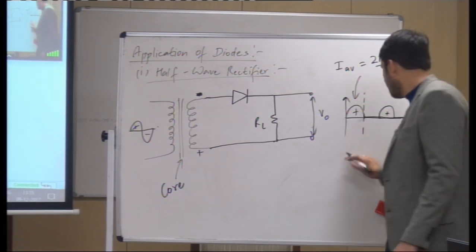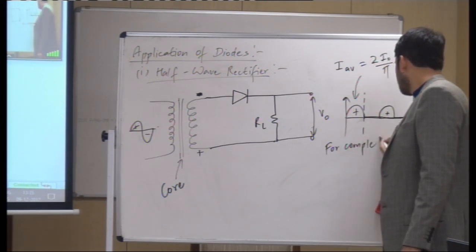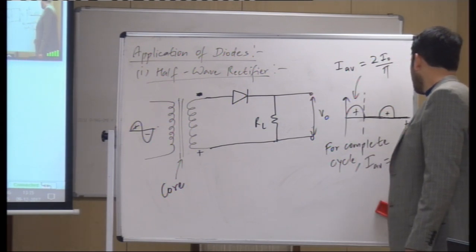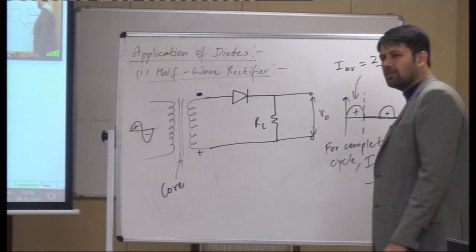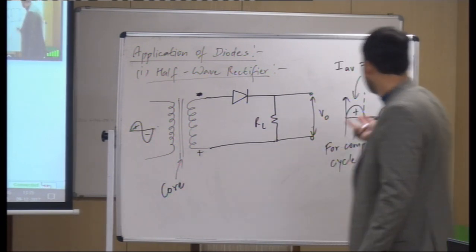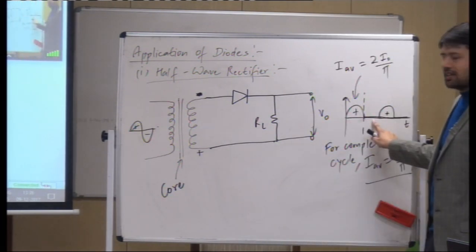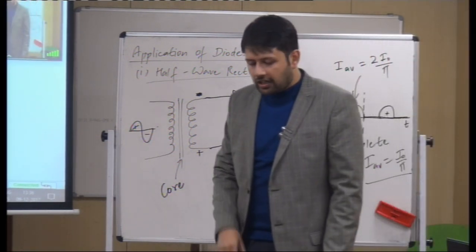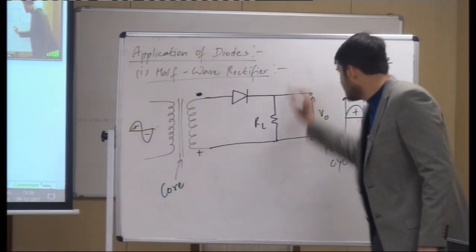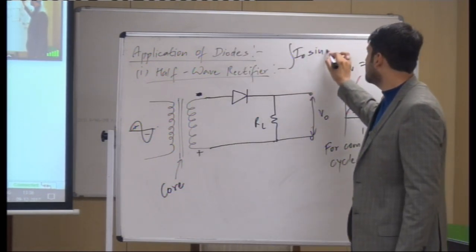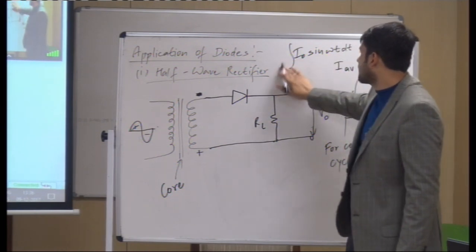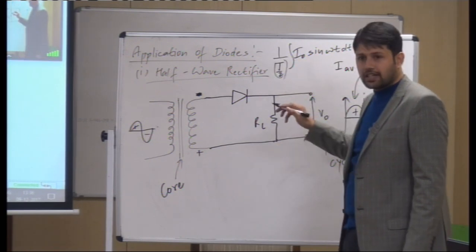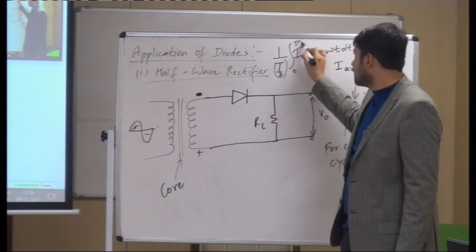So for a complete cycle, I average is I naught by pi. Obviously, you can integrate. This portion would not contribute anything, and this portion would contribute, but the time would be 0 to T. If you remember, there we were doing I naught sine omega t dt, and the time with which we were dividing was T by 2 for half cycle, and the integration was 0 to T by 2.